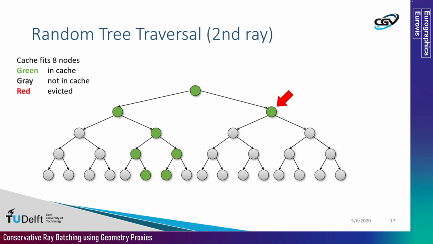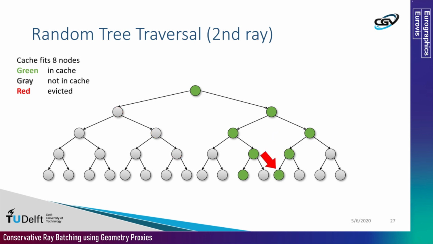From now on, anytime we access a new node, we have to evict one of the old ones. We keep traversing, and we reach a leaf, but we do not intersect the geometry at that leaf. So we have to backtrack, and we traverse a new subtree, which requires evicting more old nodes.